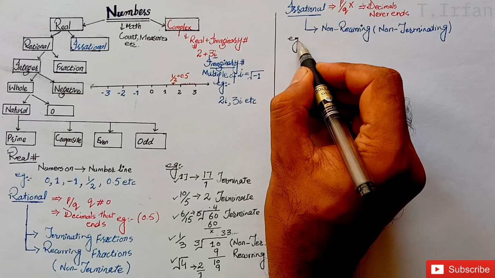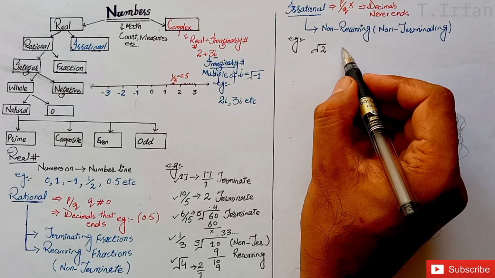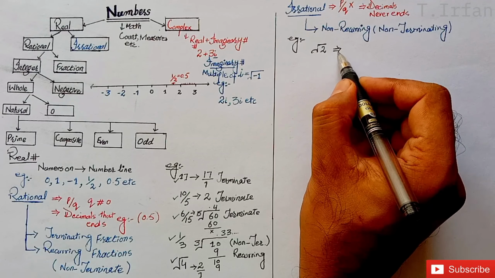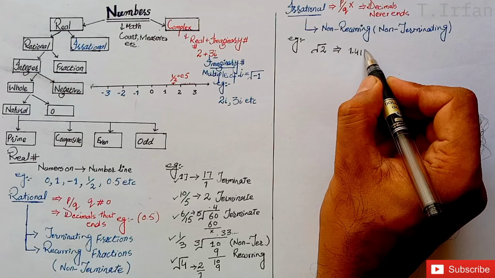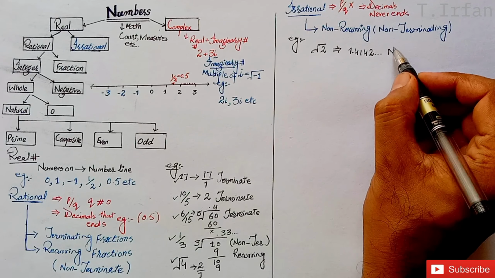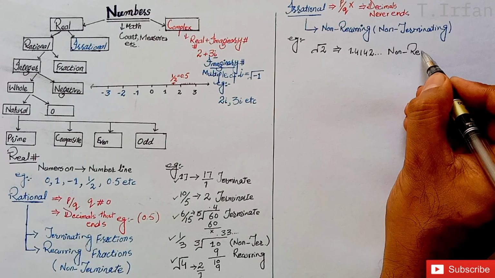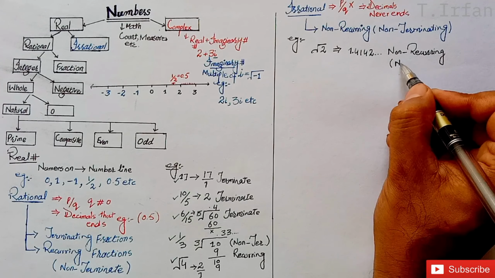For example, the square root of 2. This is non-terminating as well as non-recurring. So this is an irrational number.